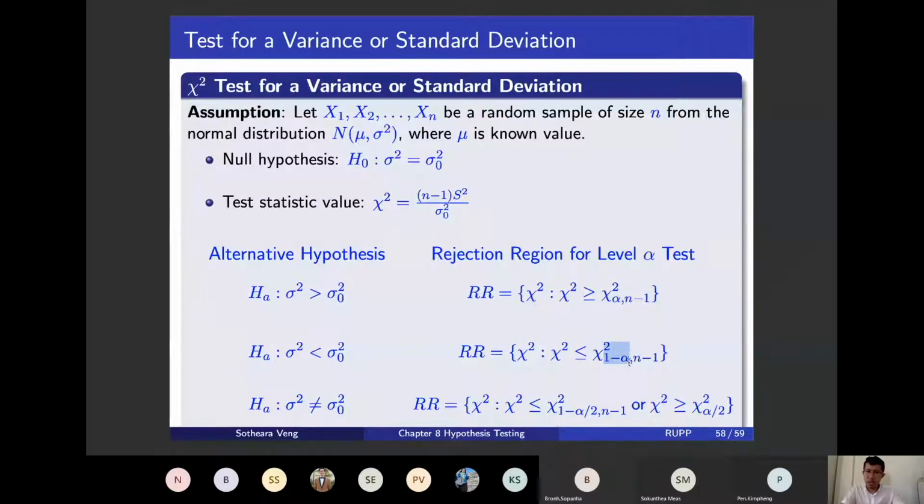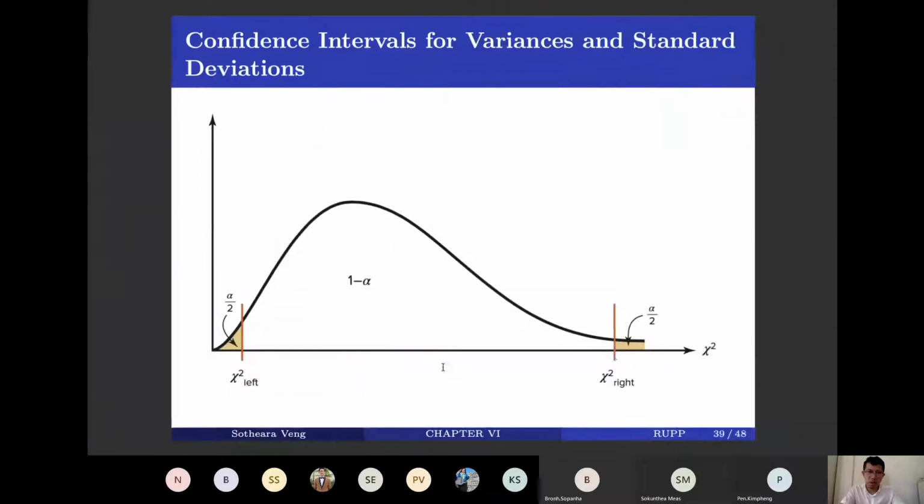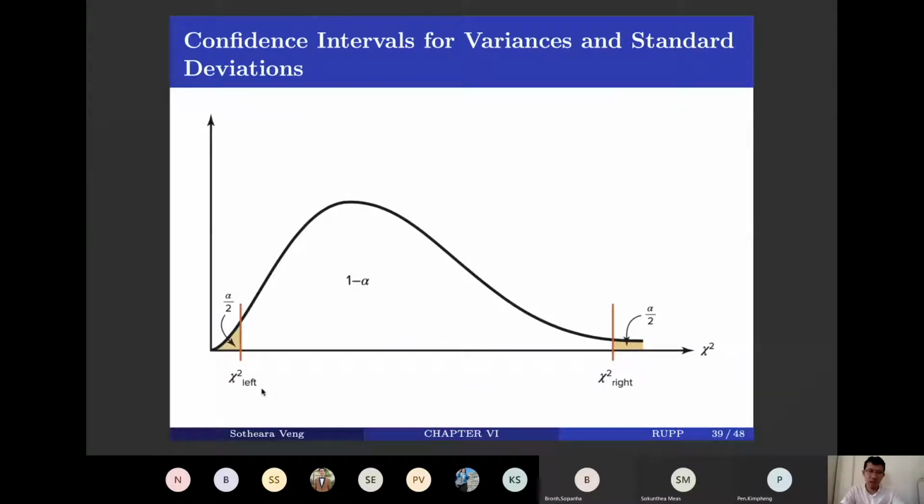And this is actually the chi-square left, right? Because for example, if this area is alpha, this is chi-square alpha. But in this figure, this area is alpha over 2, so this is chi-square alpha over 2.